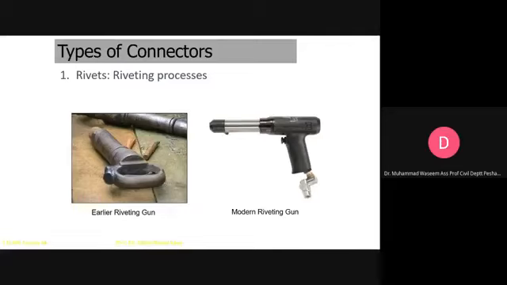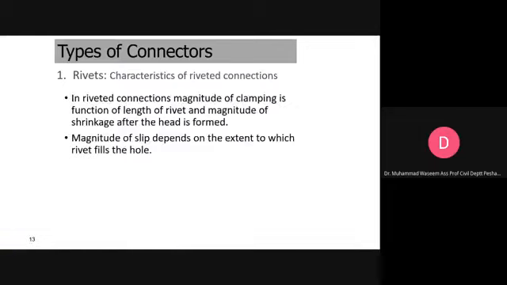This is an older version of a riveting gun, and this is a modern version. In riveted connections, the magnitude of clamping is a function of the length of the rivet and the magnitude of the shrinkage after the heat is formed.